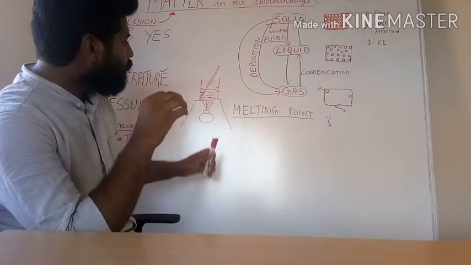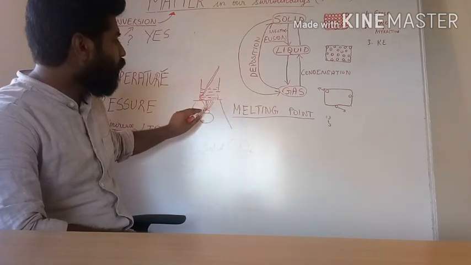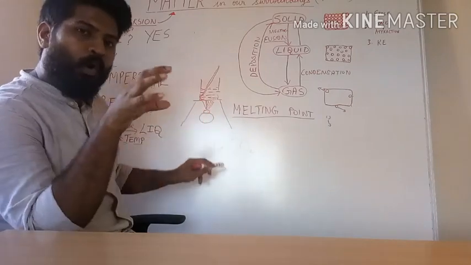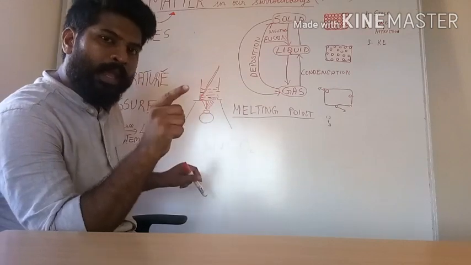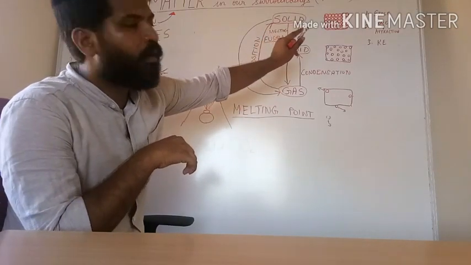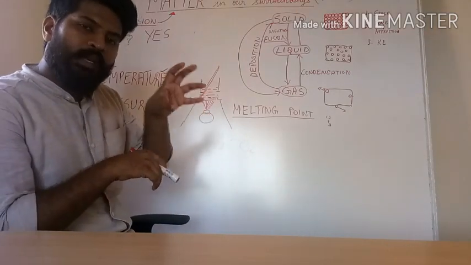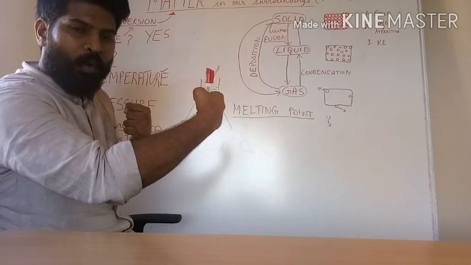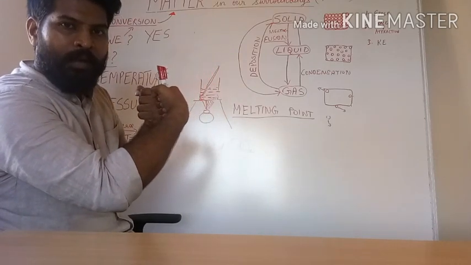Because all the heat that we supply with the help of the spirit lamp is used to break the force of attraction between the particles. We know that ice is a solid. In a solid, particles are held very close to each other. Now, unless you can separate them, we cannot make it a liquid.